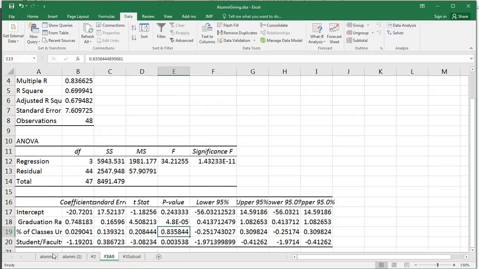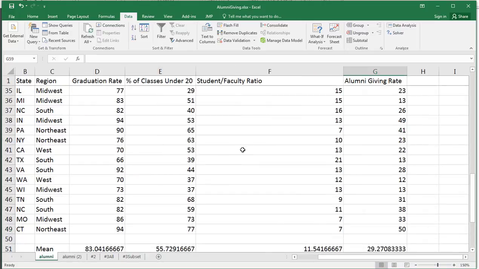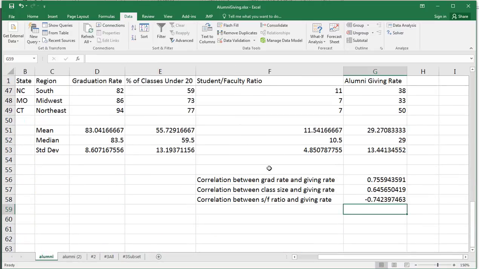One of the things we have to be careful of is that we always want a somewhat strong correlation between the thing we're trying to predict, in this case giving rate, and the independent variables that we think might influence it. In this case, we had three that were relatively straightforward, with somewhat high enough correlation coefficients. One was negative, the other two positive, that we think is important enough to include. So we did that, but one of them came back statistically insignificant.